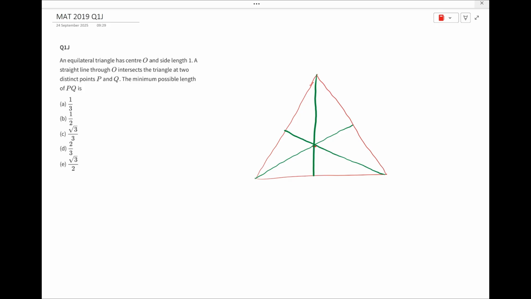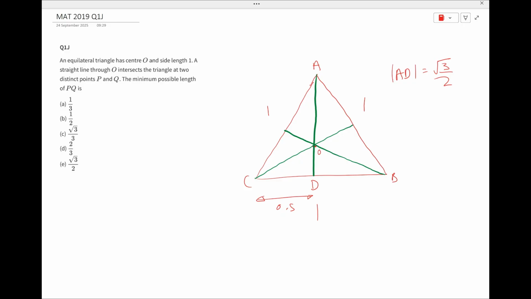So if I call this point A and this point D, and this C, then OD is 1/3 of AD. Because these sides are all 1, I know that this is going to be 0.5 and AD is going to be root 3/2, just using a bit of Pythagoras.